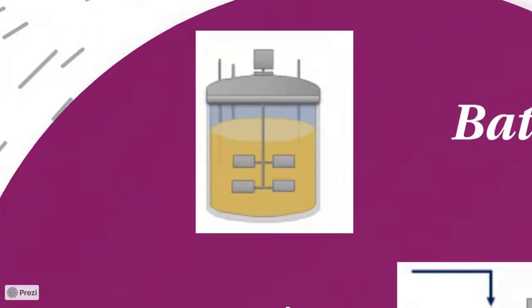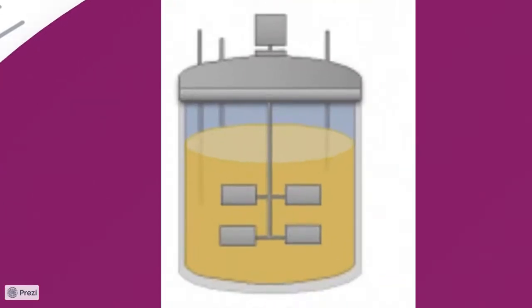systems. In the batch system, the medium will be inoculated with the suitable culture and a process time is provided for the organisms to utilize the medium and produce the suitable products.